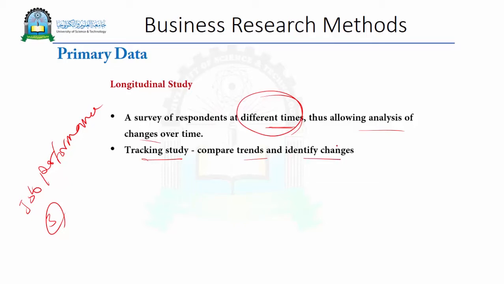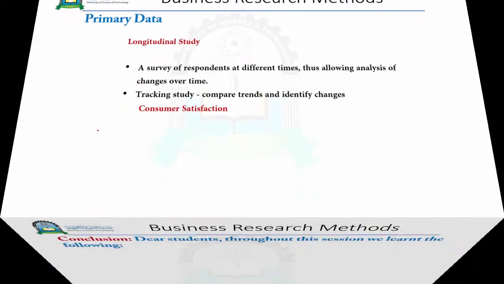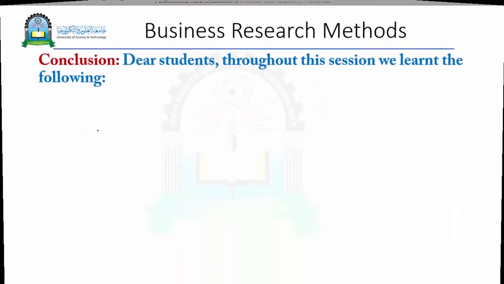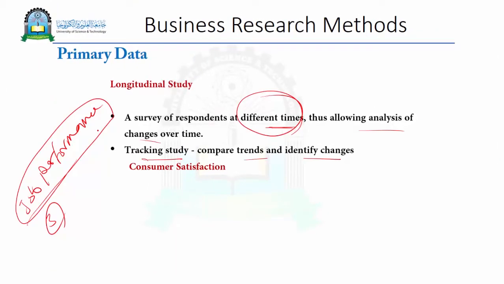But when I talk about the cross-sectional, that means if I'm doing research about job performance, I am going to collect the data only once. So customer satisfaction, for example, is also another example for longitudinal or cross-sectional data collection.